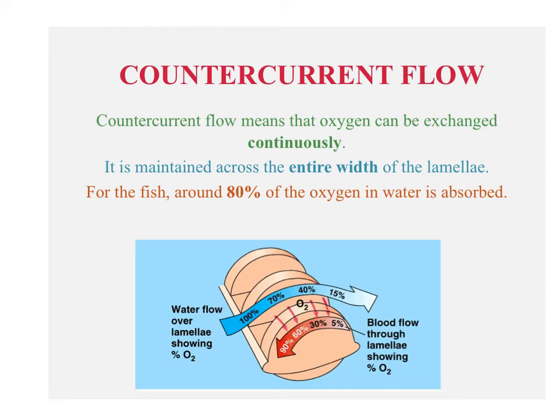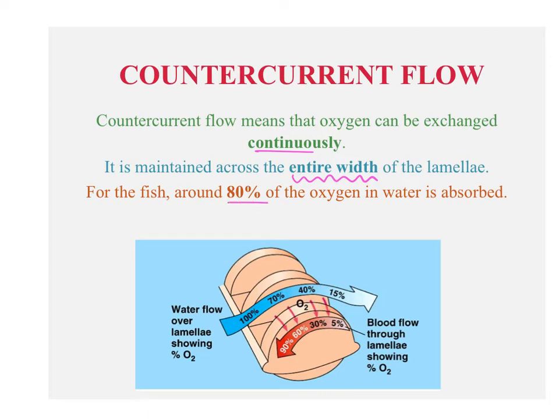So this whole idea of countercurrent flow, and you can see maybe in this diagram a little bit better, means that oxygen can be exchanged continuously. And the key statement that you can get in the exam for a good answer is that the diffusion gradient occurs across the entire width of the lamellae.